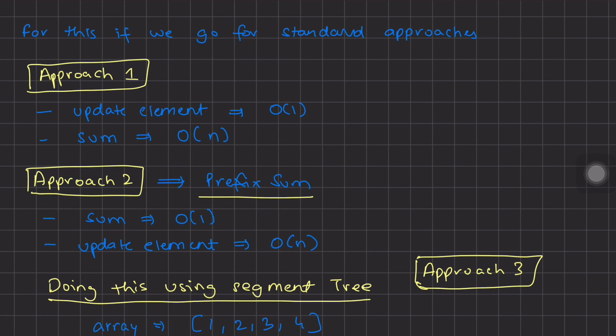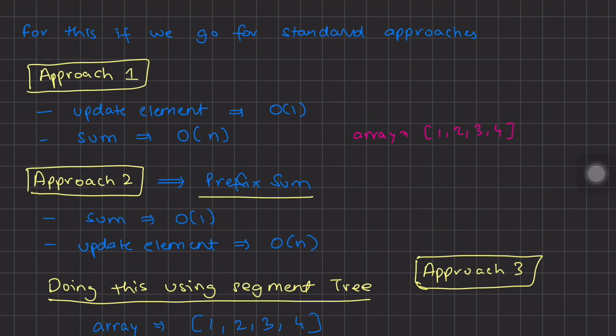The second approach, which is a little bit more efficient on the sum side, is the prefix sum. What I mean by prefix sum is, suppose that my array is 1, 2, 3, 4.